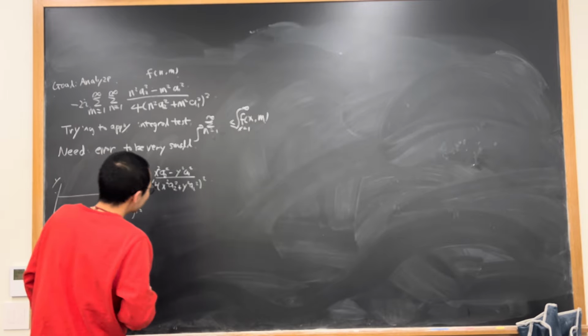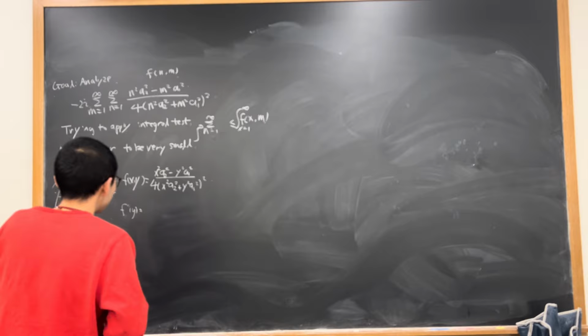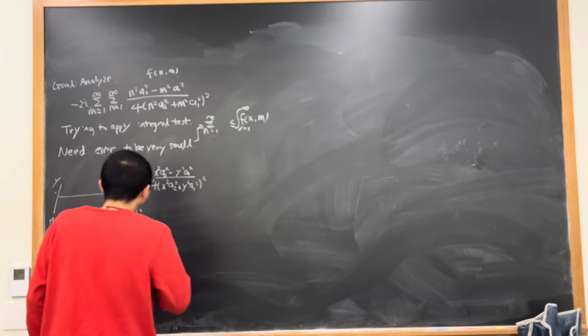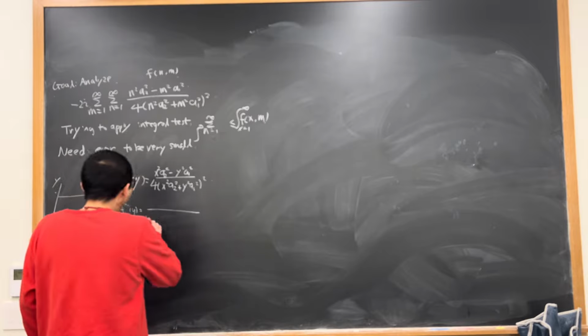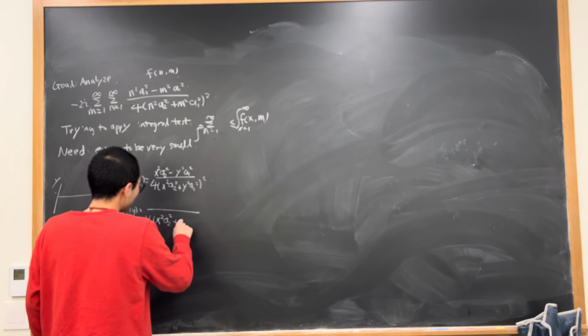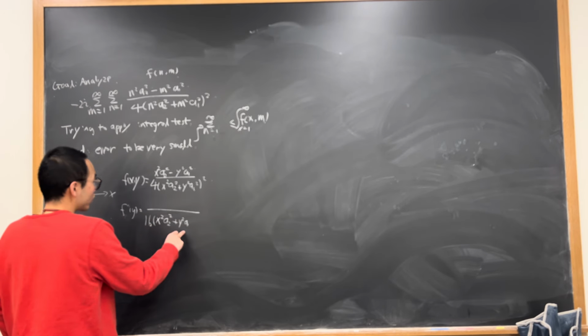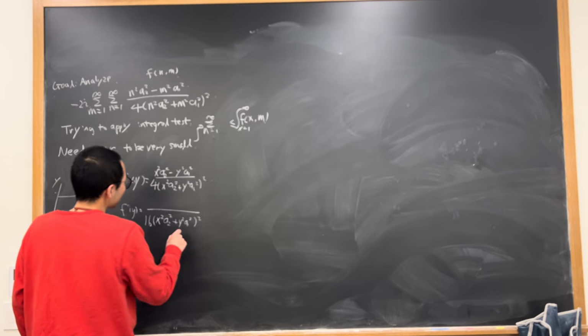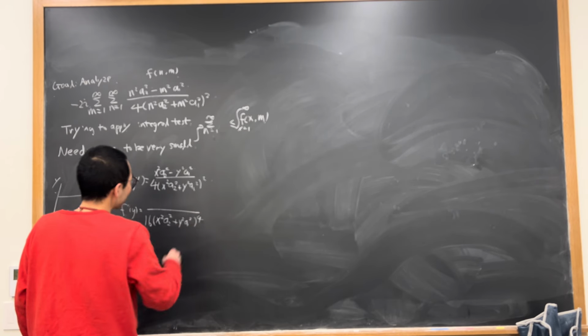So first derivative, the denominator is 16 times x squared a2 squared plus y squared a1 squared, squared, to the fourth power.